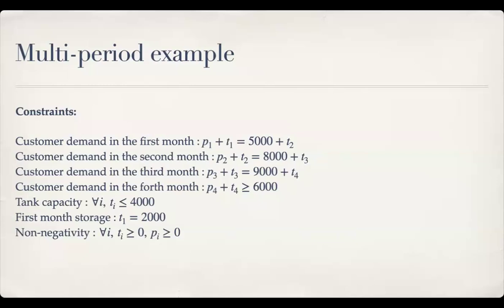And P3 plus T3 equals 9,000 plus T4. And for the last month, P4 plus T4 must be greater than or equal to 6,000.